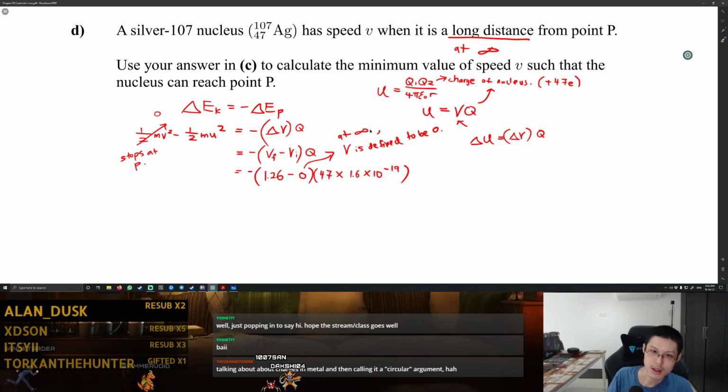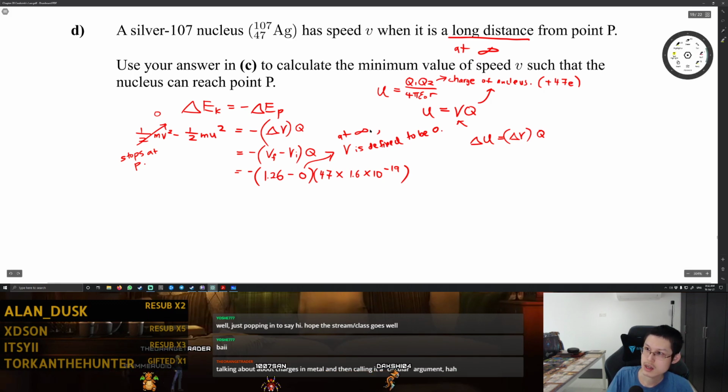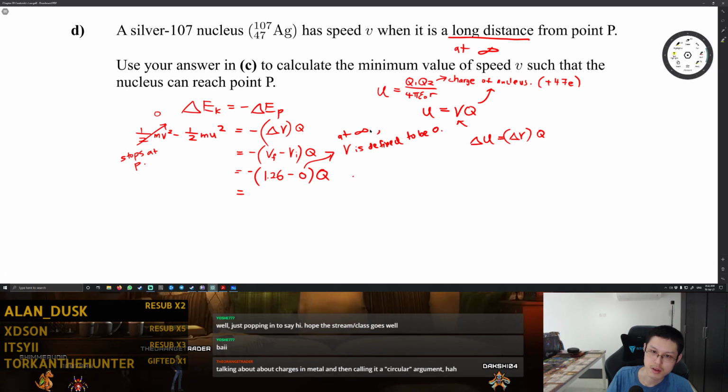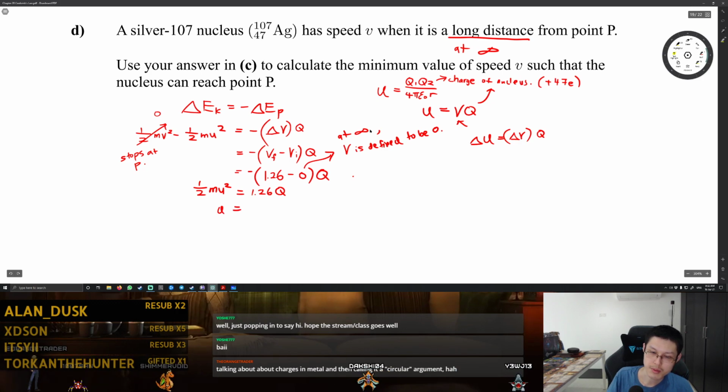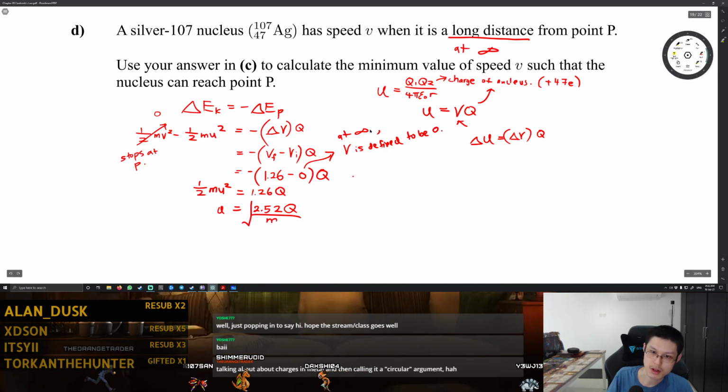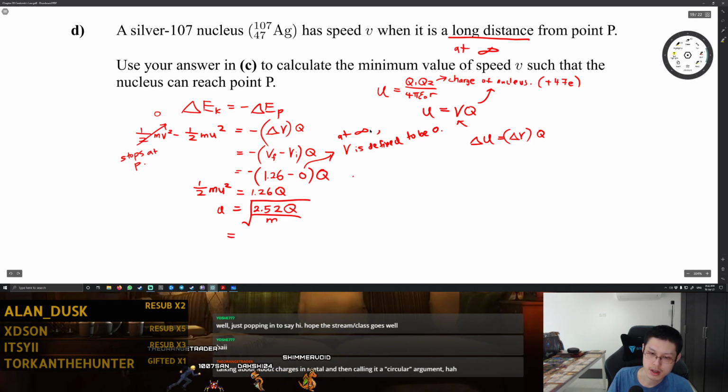Actually, let me just leave this as Q for now. So we end up with 1.26, and then I move the negative over, so the negative disappears. There's a Q here. So u is going to be 2 times 1.26, which is 2.52 Q, divided by the mass of the nucleus, and then I square root that, and I retain the positive square root.